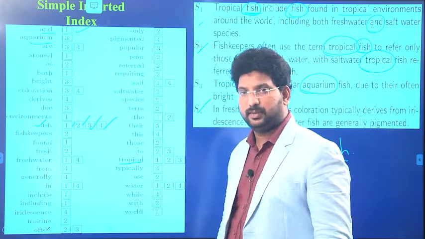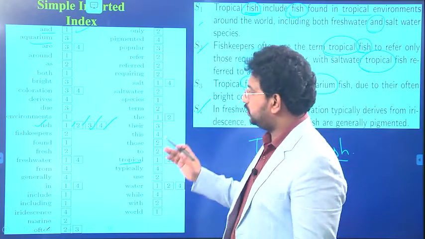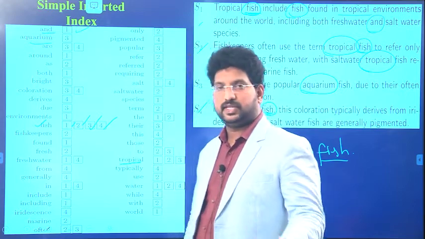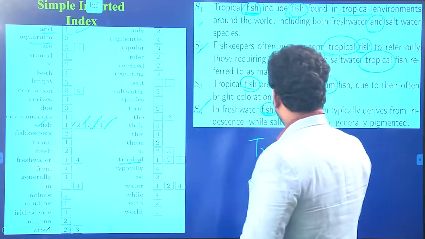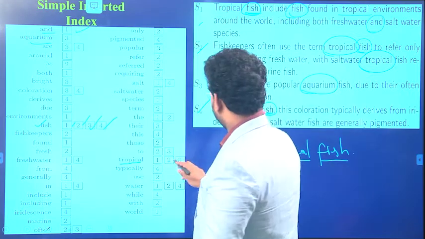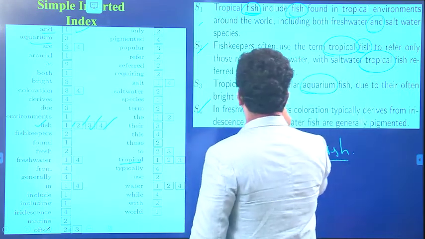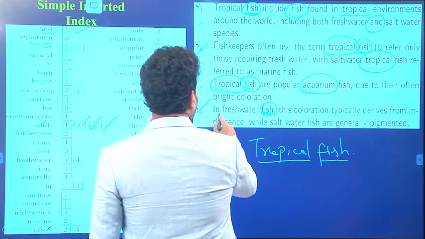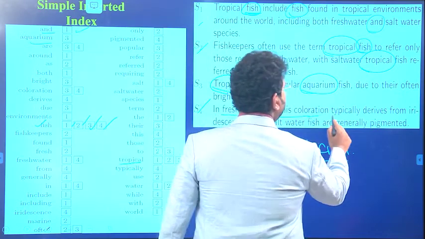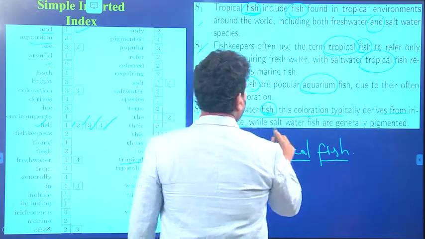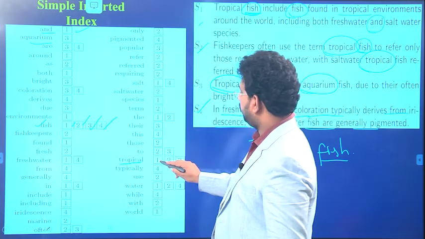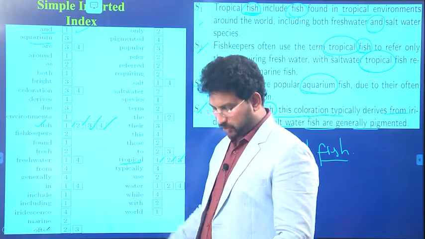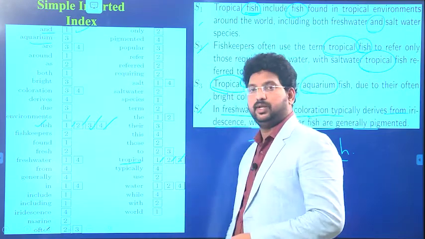This is the concept you should always remember when thinking about inverted indexing: the index terms followed by the different page numbers accordingly. So here, what about tropical? First, second and third. The third one also has tropical. And if you observe the fourth document, is tropical there? No tropical word is present here. So that's why you mentioned only 1, 2 and 3. So just the index term followed by the document number, different postings are available here, right?